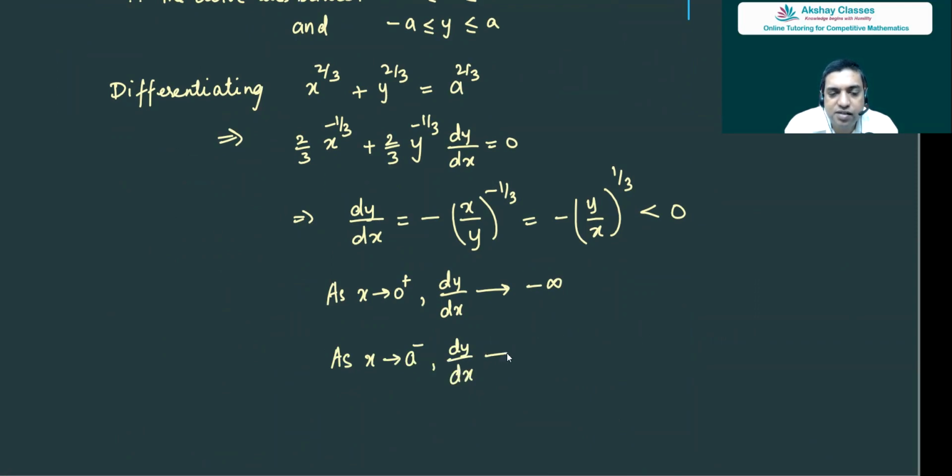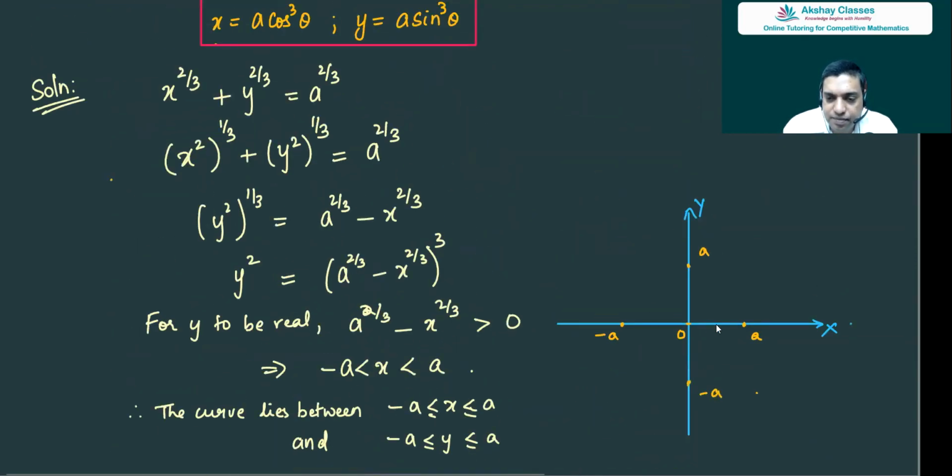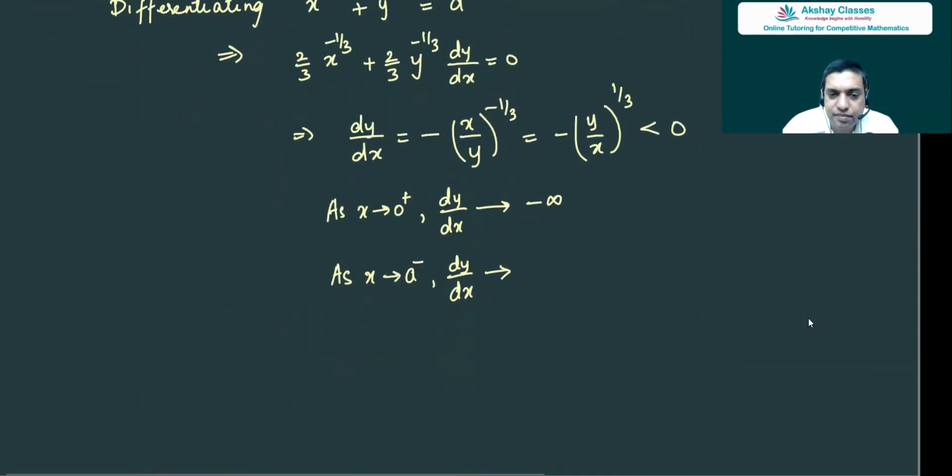As x is approaching a, what happens to dy by dx? Y is becoming 0. X is approaching a, so this ratio becomes 0.